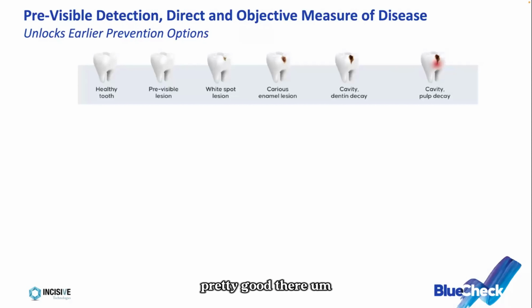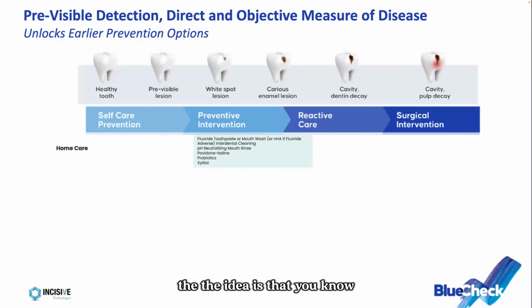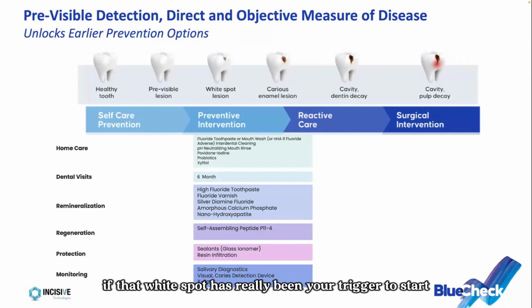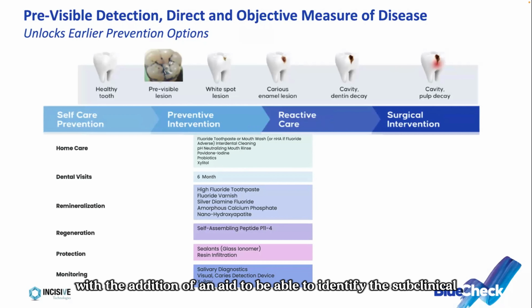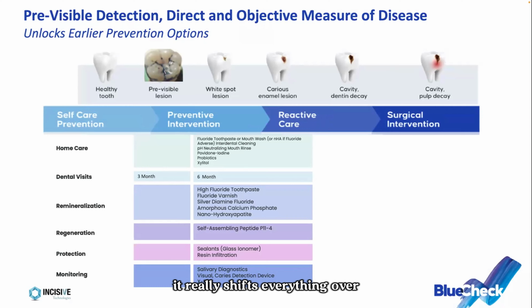So here, the idea is that if that white spot has really been your trigger to start deploying some of these therapeutics, now with the addition of an aid to identify the subclinical, it really shifts everything over.